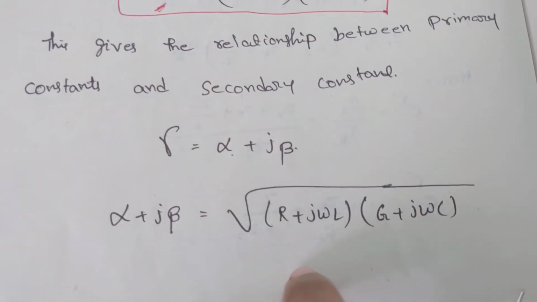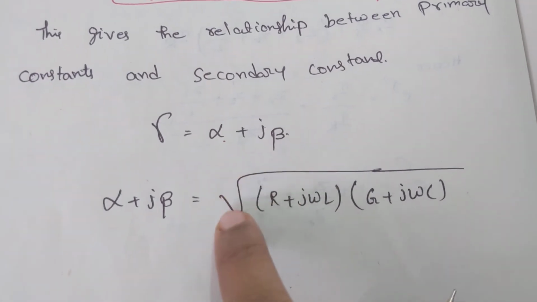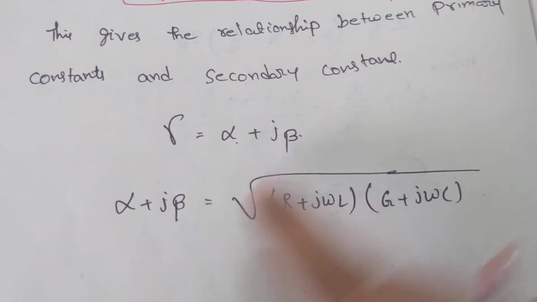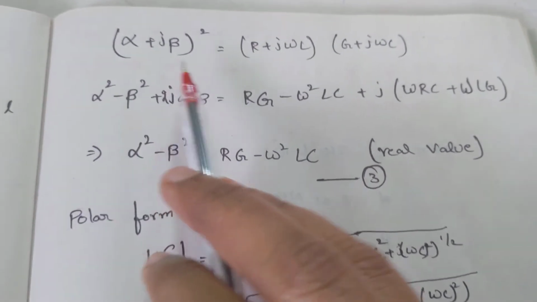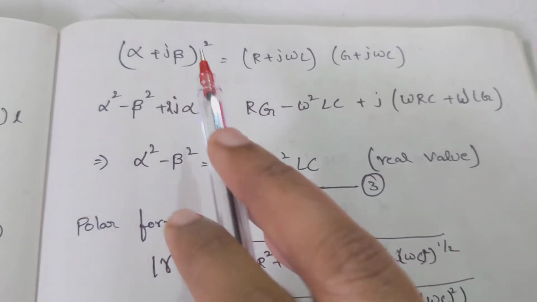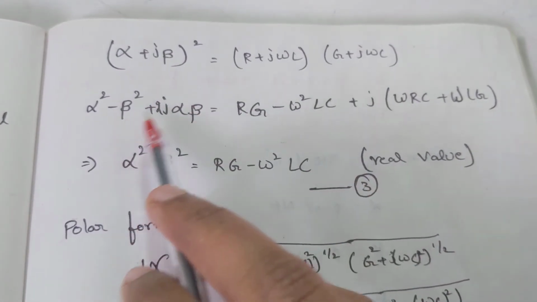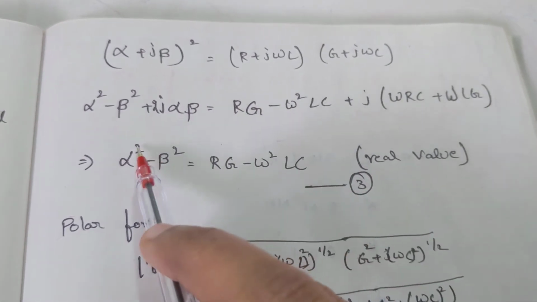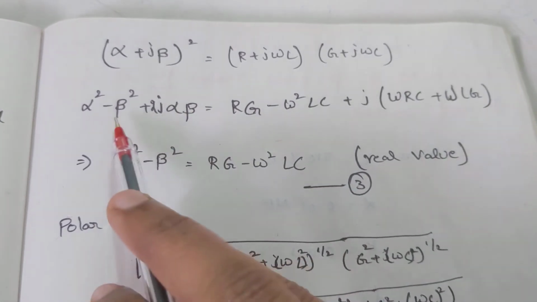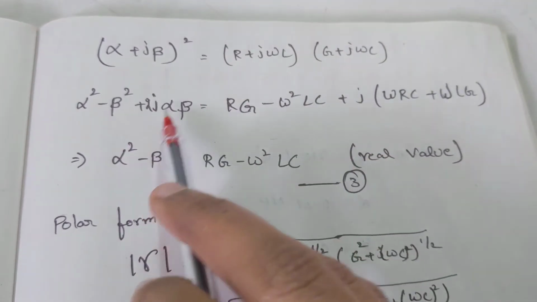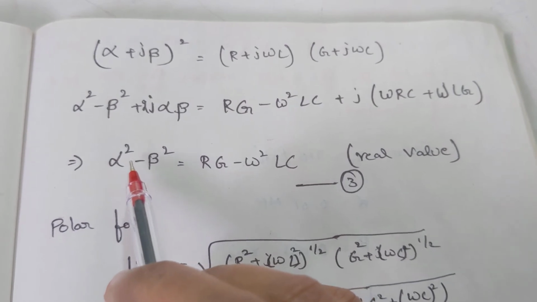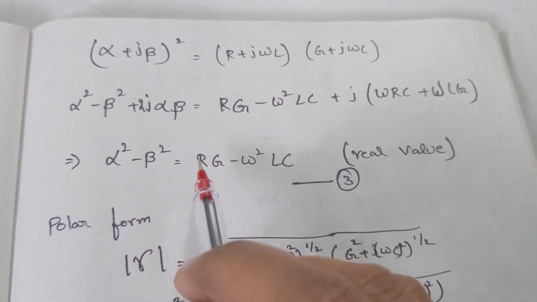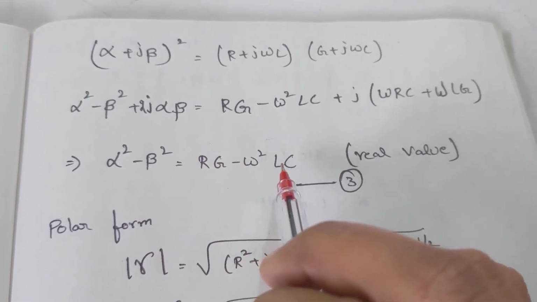From this expression, the first step is I remove this square root by squaring on both sides. If I square on both sides, the expression will be in this format. Try to elaborate this expression. From alpha square minus beta square, if I compare the real and imaginary values, I can get the real value as alpha square minus beta square is equal to RG minus omega square LC.